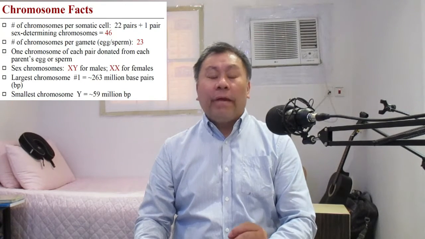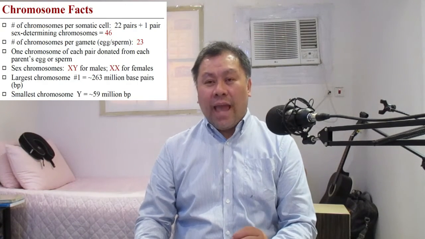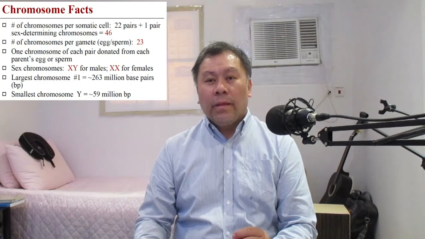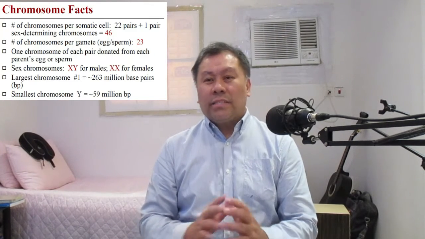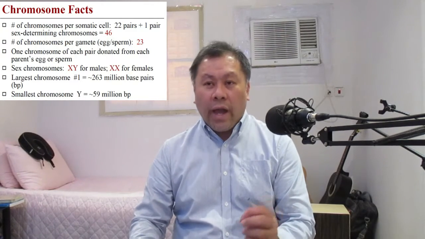Sex chromosomes are XY for males and XX for females. The largest chromosome is number 1, at 263 million base pairs, and the smallest chromosome, the Y, is 59 million base pairs.